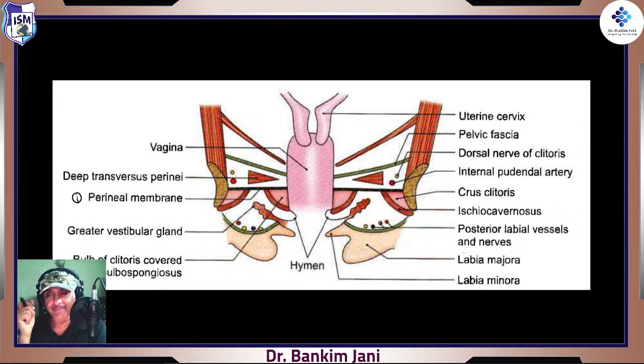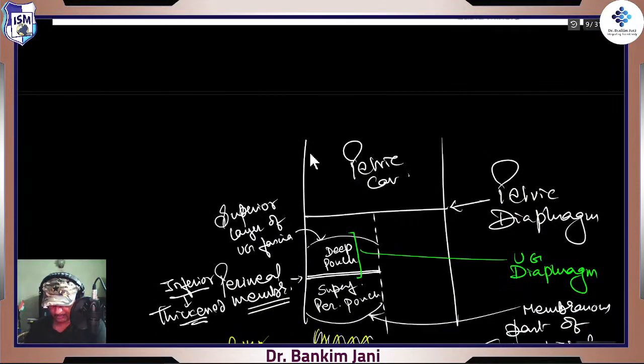So then where is the pelvic cavity? The pelvic cavity is where we drew this pelvic diaphragm. This pelvic diaphragm is also called the pelvic floor. It is formed by two muscles, levator ani and coccygeus.